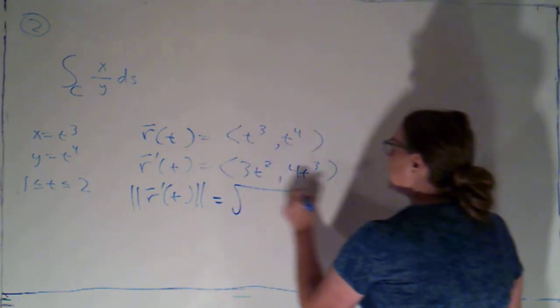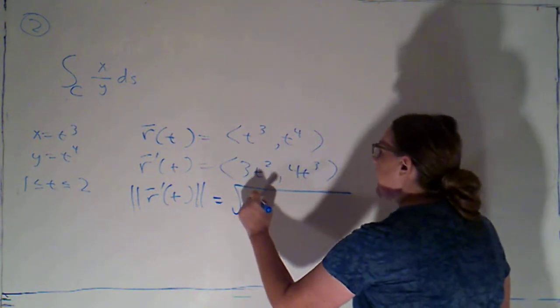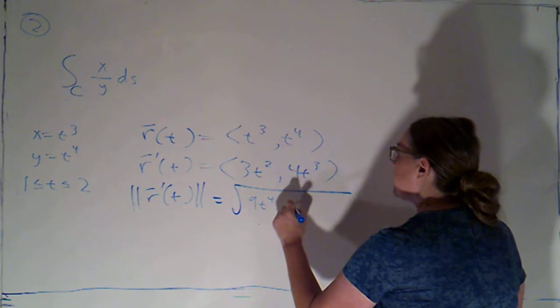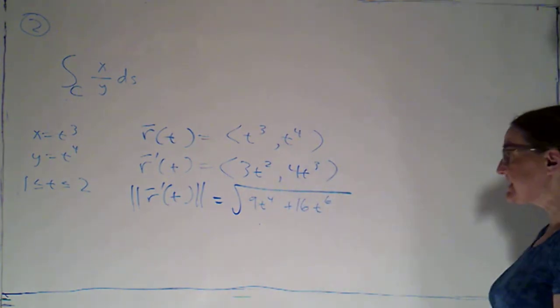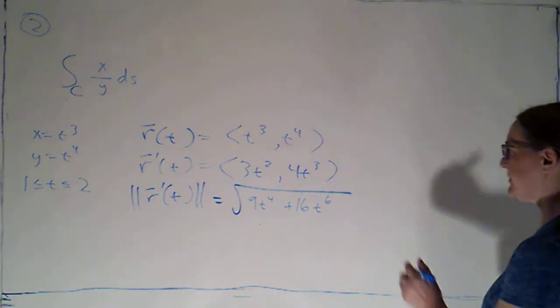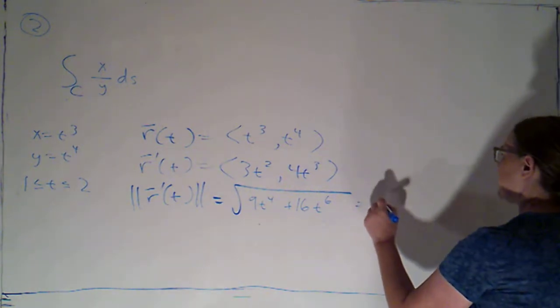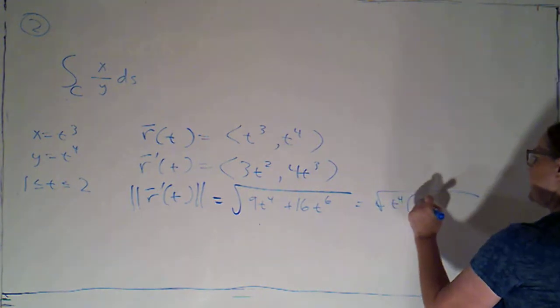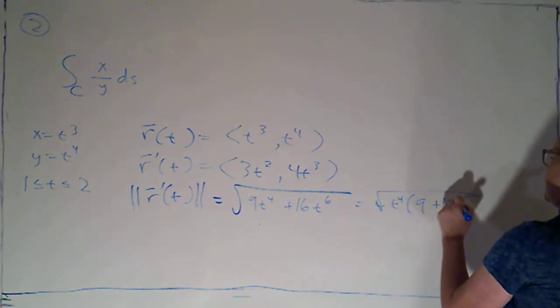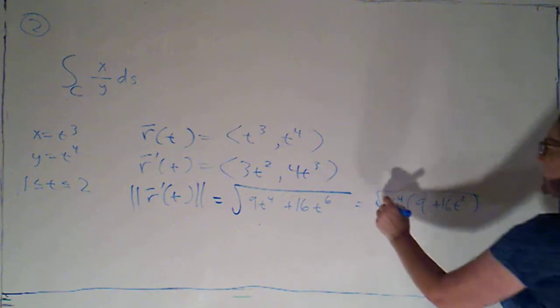All right, so this is going to be the square root of 9t to the 4th plus 16t to the 6th. I'm going to simplify that a little bit. Looks like I can factor out a t to the 4th under that radical. And then it's times 9 plus 16t squared.